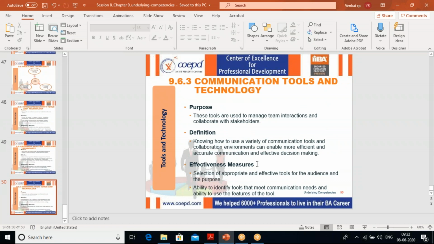Okay, and then we have communication tools here. Sometimes we can go through emails, we can send emails and interactions can happen, or we can chat through internal chats.